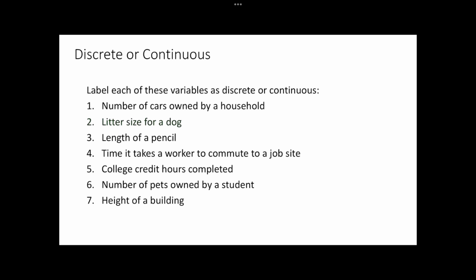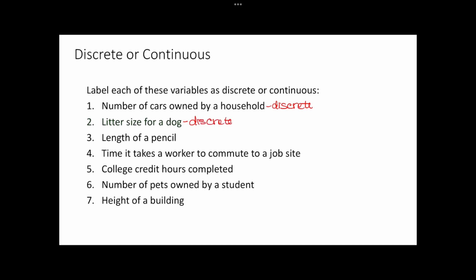That's not over a range of values where I need to be able to include, say, the decimals between those numbers. So this is going to be discrete. What about the litter size for a dog? Again, those are counting values. The dog could have 1 or 2 or 3 puppies, right? So on. So this is going to be discrete.